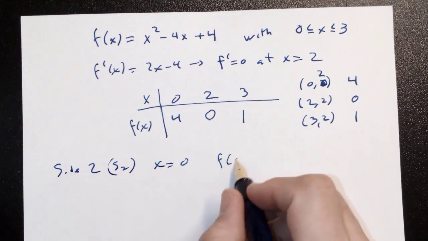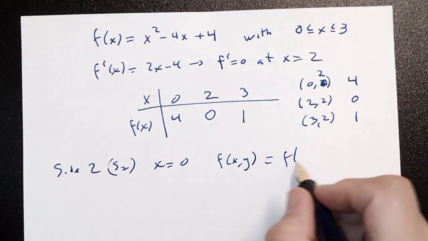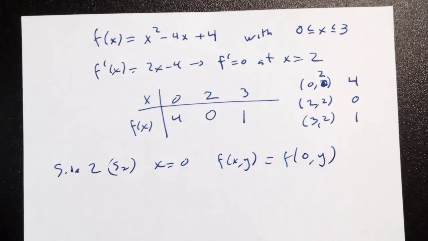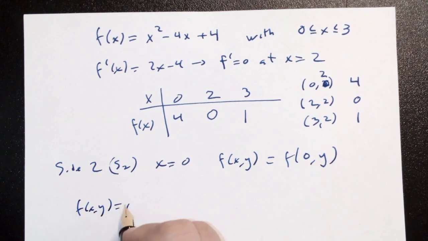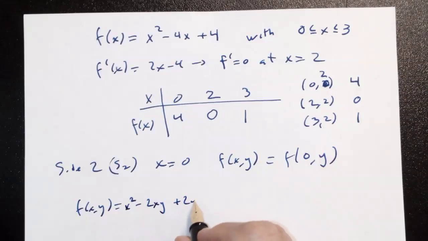Which means my function now becomes a function of y only. So I take my function, remember f of x, y is x squared minus 2xy plus 2y. I put in x equals 0. What's f of y?